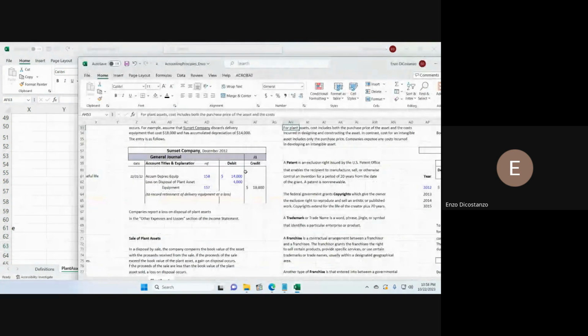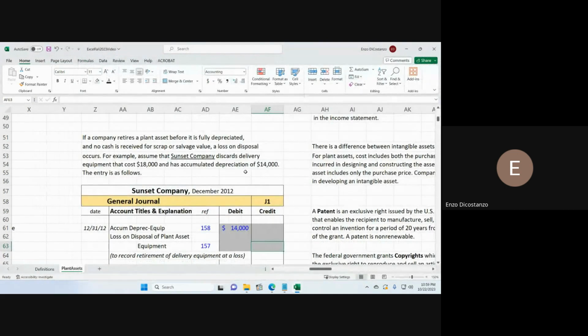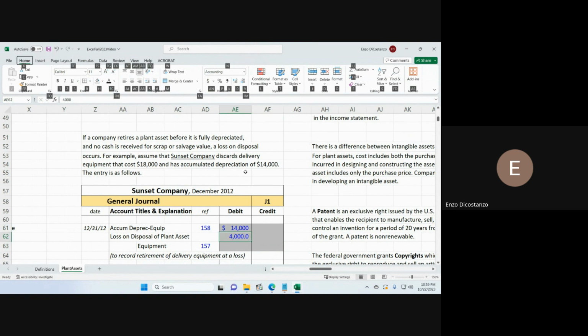The equipment costs 18,000. That's what it cost, so obviously you're going to write that off. And I hate to say do it in your head, but if the equipment costs 18,000 and the accumulated depreciation is 14,000 and you're selling it for nothing, it's very obvious that you have that 4,000 loss.